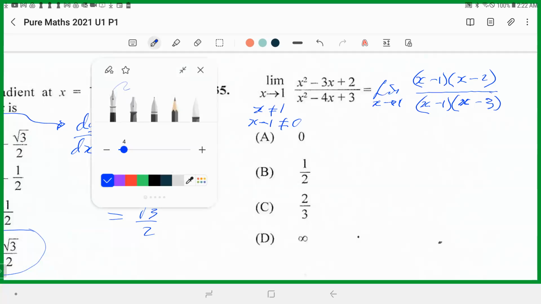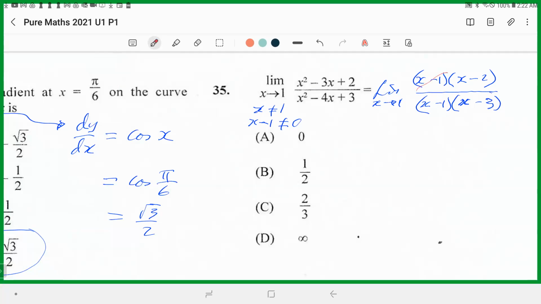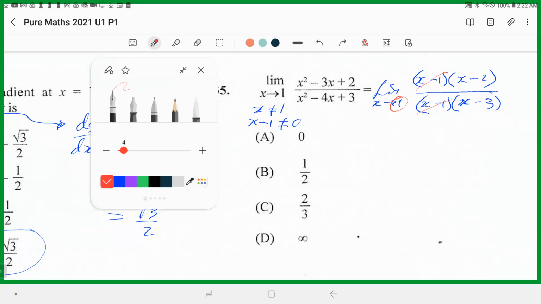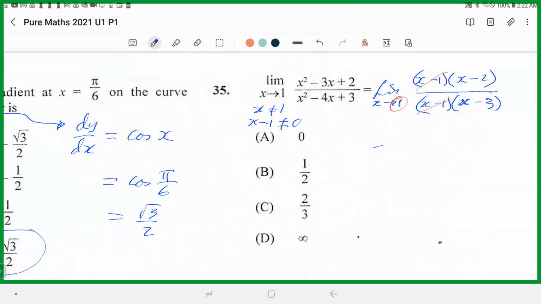So these cancel each other, removing what is creating the problem, and then I can apply the 1 here and there. It then becomes equal to 1 minus 2 over 1 minus 3, which becomes negative 1 over negative 2, which becomes half. Half is right here.